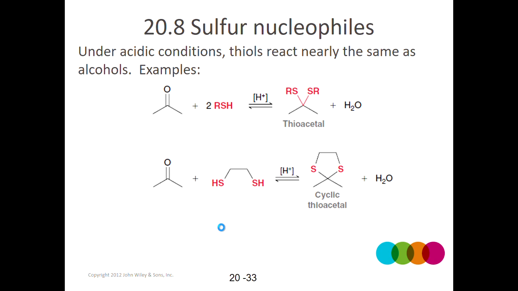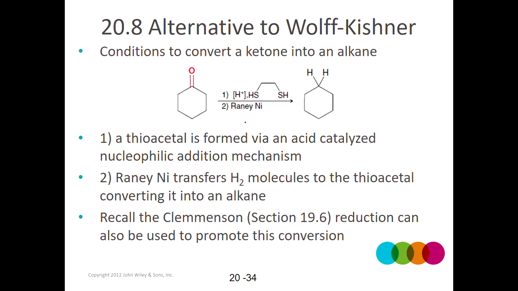There is a reaction where taking a carbonyl and forming a cyclic thioacetal with sulfurs instead of oxygens, followed by hydrogenation using nickel as a catalyst, can do the same conversion we've already seen.